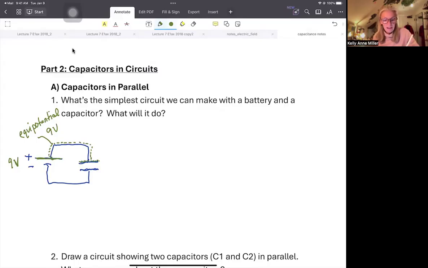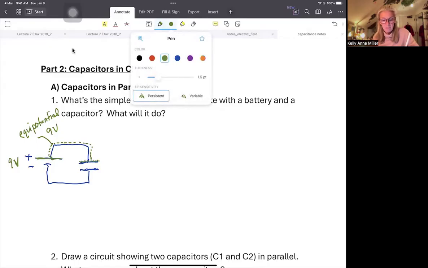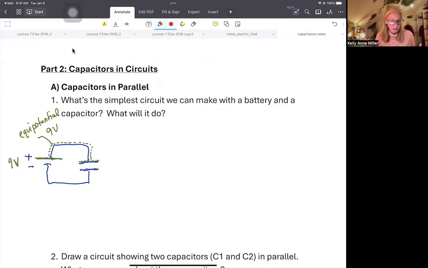On the other side of the battery, there's another equipotential surface here, which is at 0 volts. The potential difference across the terminals of the battery is 9 volts.